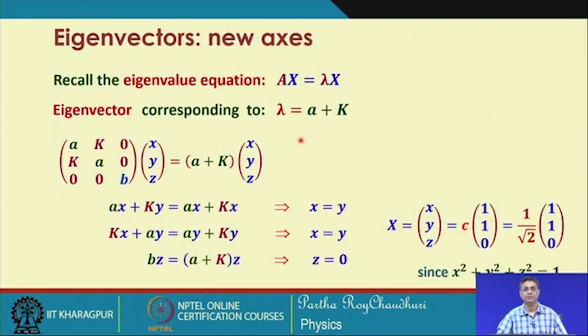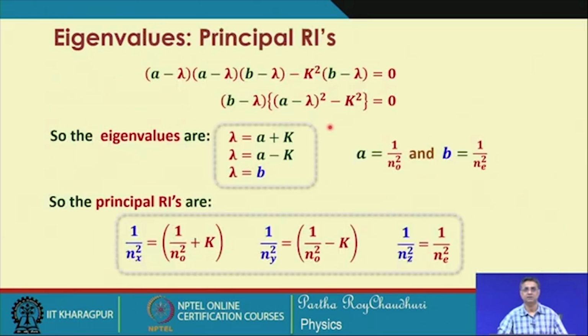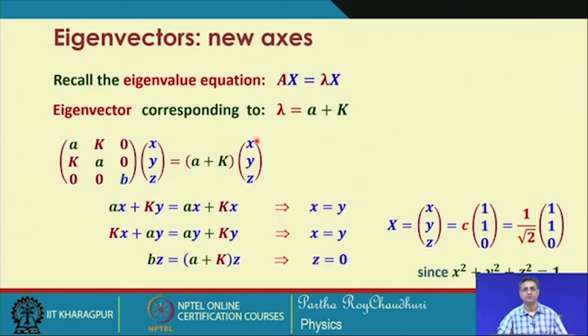Now, we will have to look for the eigenvectors. Recall the eigenvalue equation A x equal to lambda x, and the eigenvector corresponding to the eigenvalue a plus k, which is the first eigenvector. If I use this eigenvector, then we can write this equation as A x equal to the eigenvalue (a plus k) x.